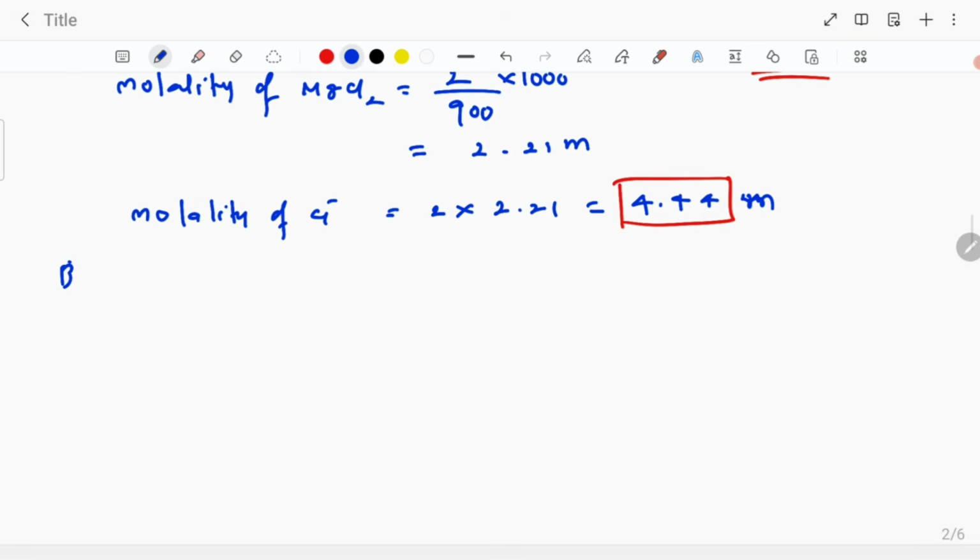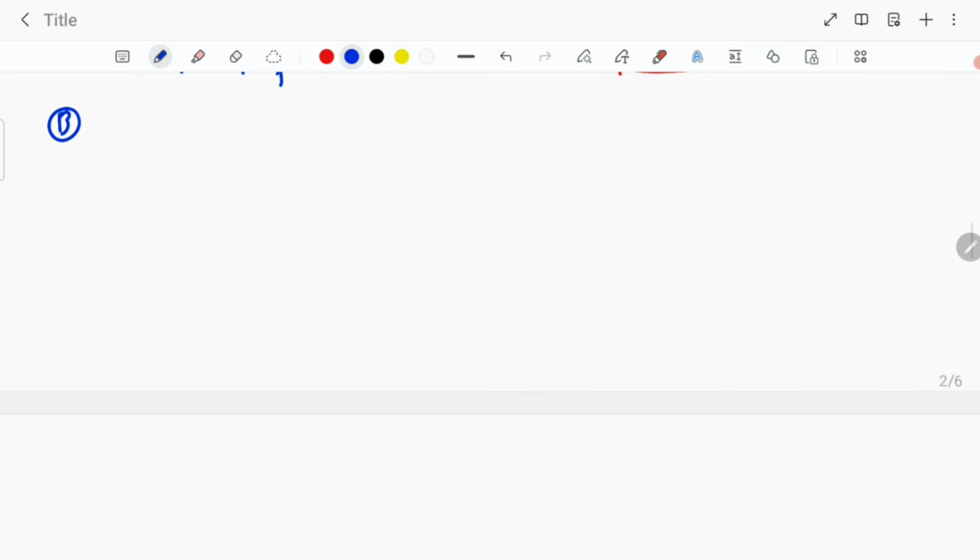Next, option B, observe option B. Here first you find moles of H2O in this case. 900 grams of water present divided by 18, the molecular weight. Moles of H2O is 50 moles.